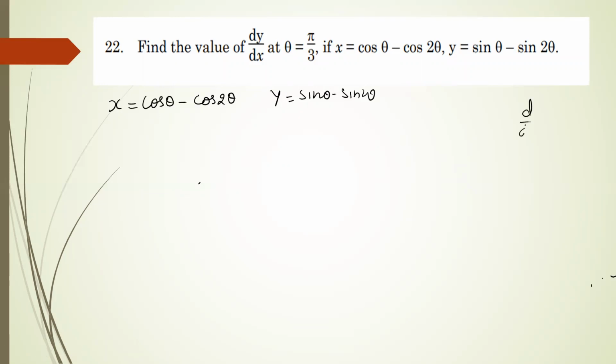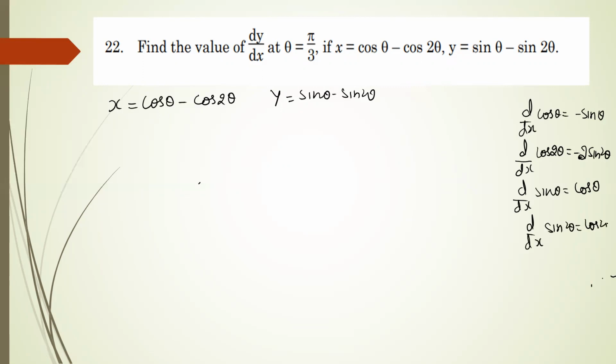The derivative of cos theta is equal to minus sin theta. Derivative of cos 2 theta is minus 2 sin 2 theta. Derivative of sin theta is cos theta, and derivative of sin 2 theta is 2 cos 2 theta.